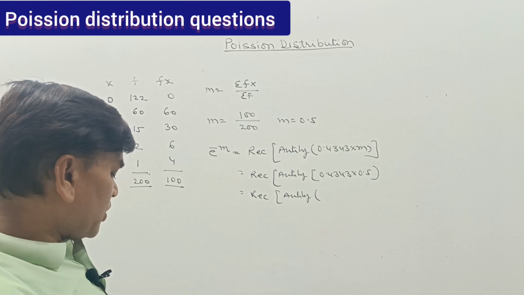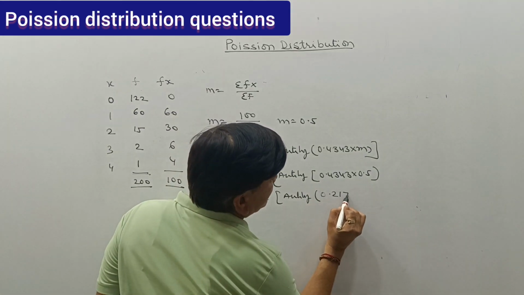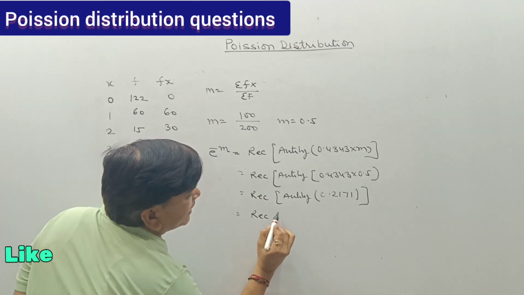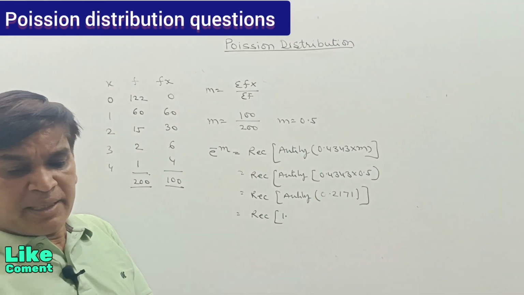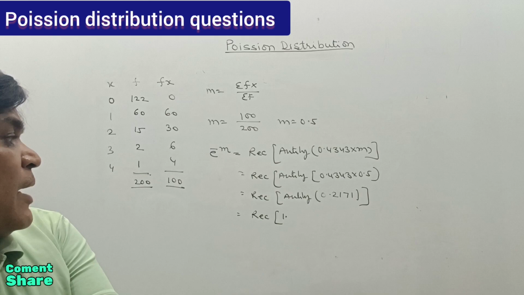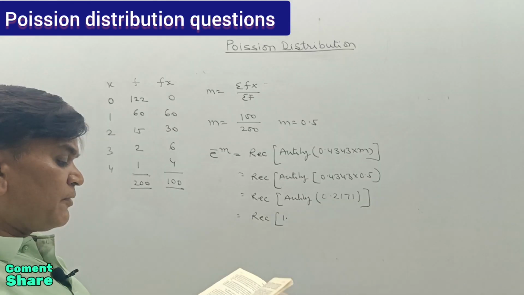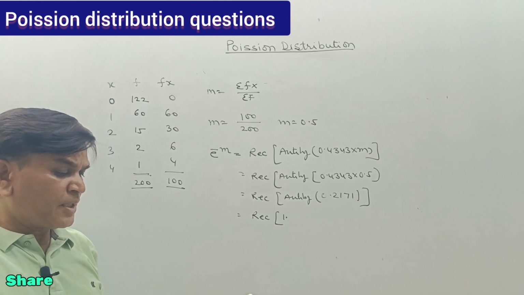So 0.4343 multiplied by 0.5 is 0.2171. Okay, so getting the antilog of this, the characteristic is 0, so it is 1 point. We have to see the antilog table for 0.21 and difference 7.